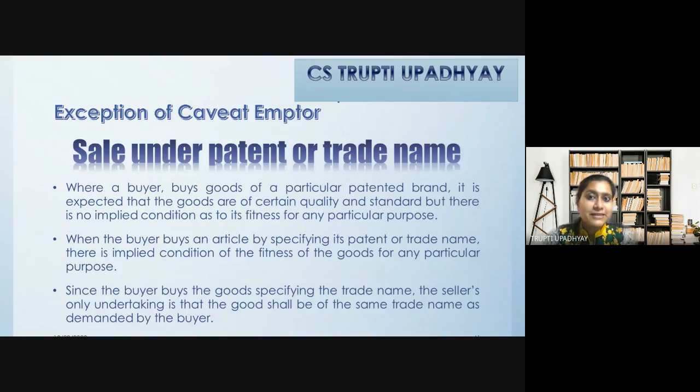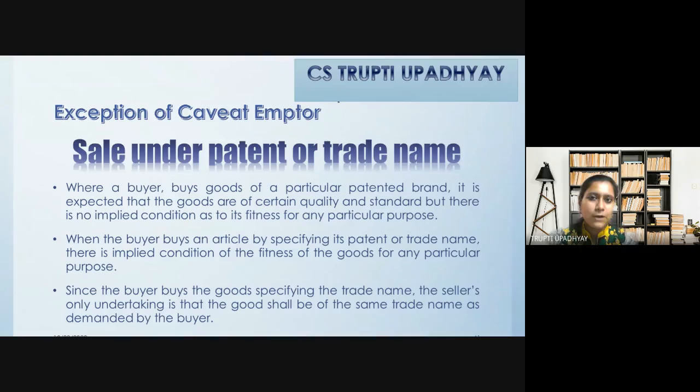When the buyer specifically mentions the brand name or the trade name, when you go shopping and say that I want a Mango, or I want, I would say, Levi's or any other brand, obviously the seller's duty is that he should specifically give you that brand. Because if the product is mentioned, that I want Levi's jeans, the jeans supplied by the seller should be Levi's.